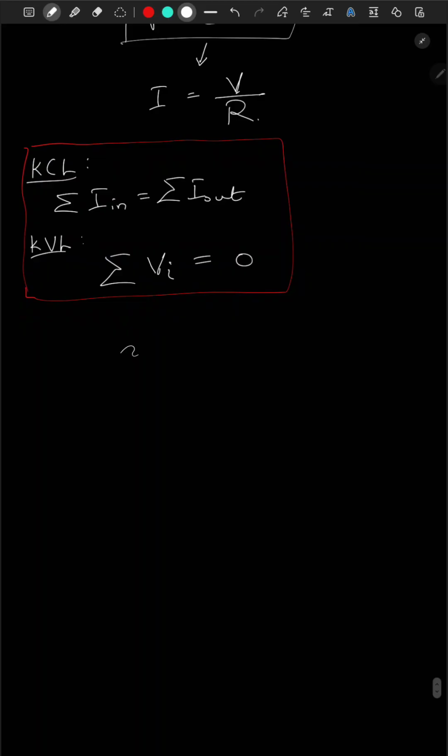So for example, if we have a potential over here, let's call it V2, and here we have a resistance, let's call this one R1, and let's call this potential over here V1.